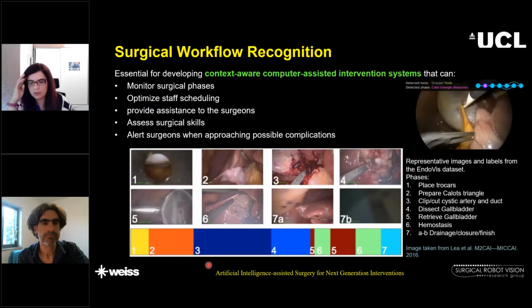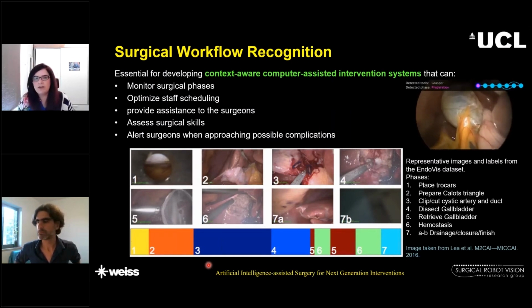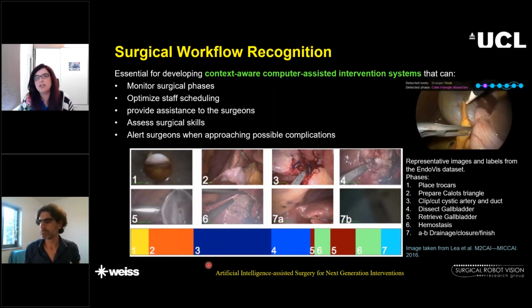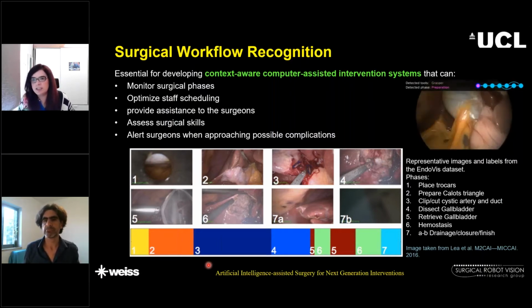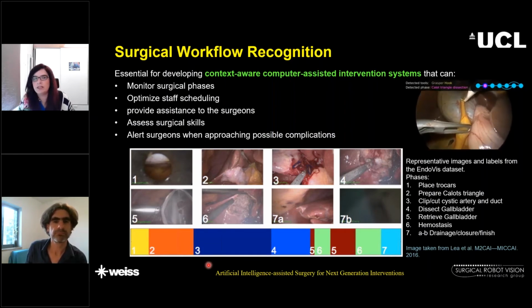If I now talk about surgical scene understanding, workflow analysis is one of the very first steps towards understanding the surgical scene and towards building context-aware computer-assisted intervention systems. Through workflow analysis, we can monitor surgical phases, and we can optimize staff scheduling.